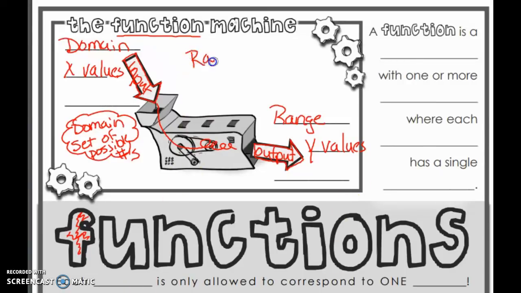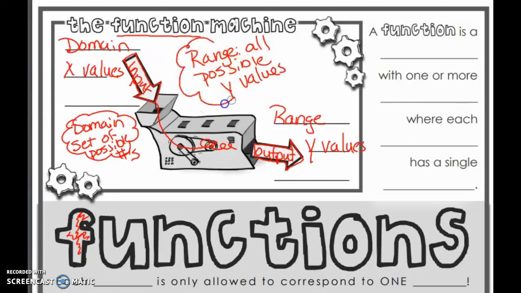So the range is all possible y values. Okay, so we put in the domain, goes through the function machine, and what comes out is the range.